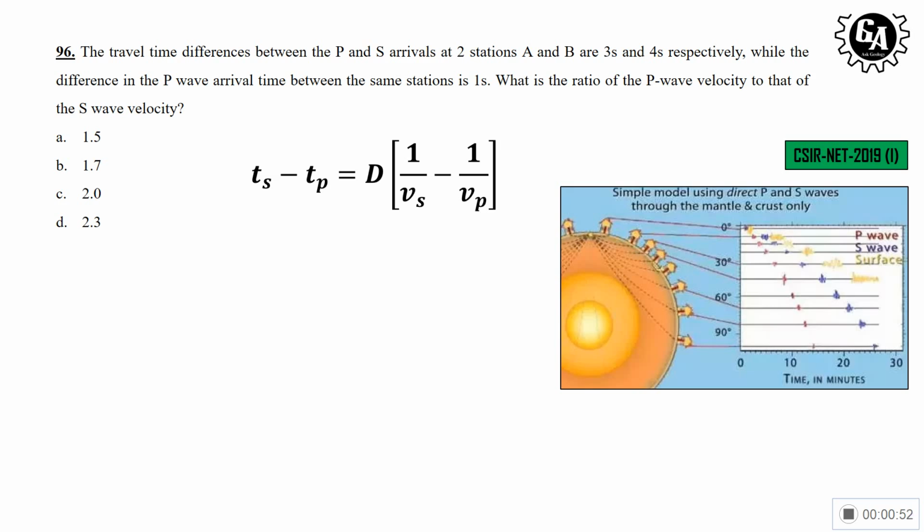So here we know that when an earthquake is generated at the focus, the energy travels through waveforms, and those are called seismic waves. If they are body waves, they will be P wave and S wave, and surface waves like Rayleigh waves are some surficial waves.